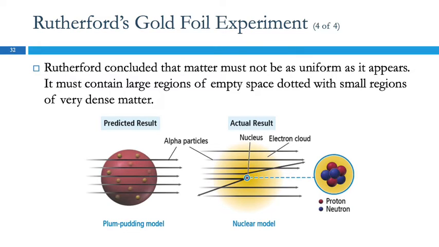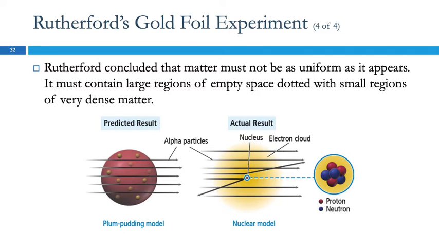From this experiment, he concluded that matter must not be as uniform as it appears. So here's the plum pudding blueberry muffin model. The alpha particles should just go straight through. So he came up with a nuclear model. We have a nucleus here where most of the mass is.